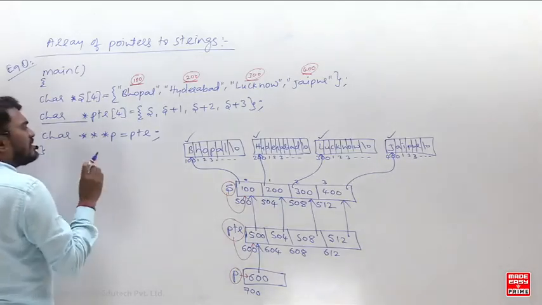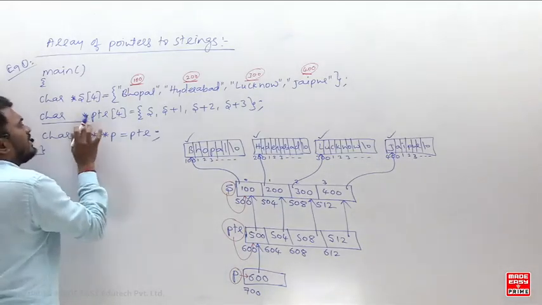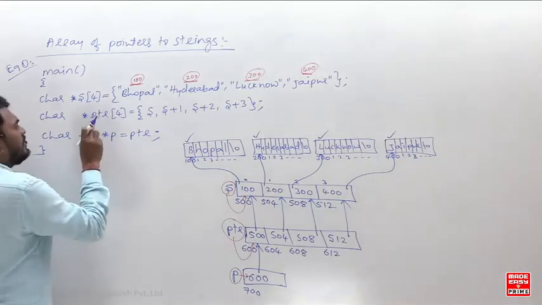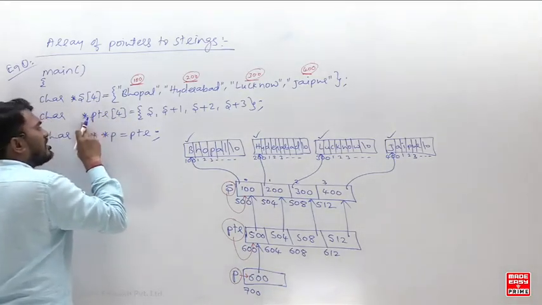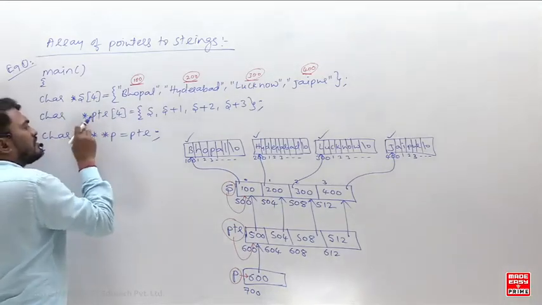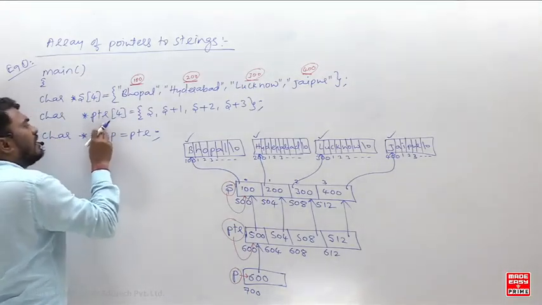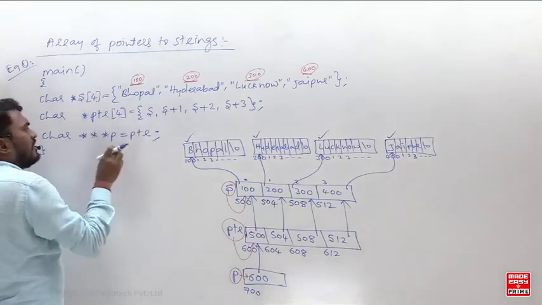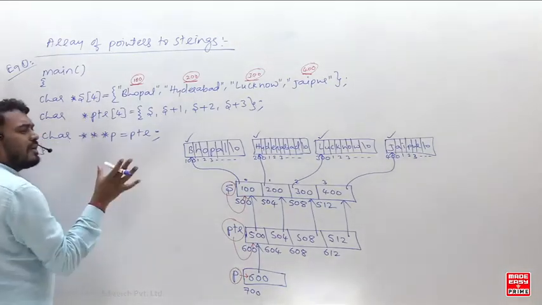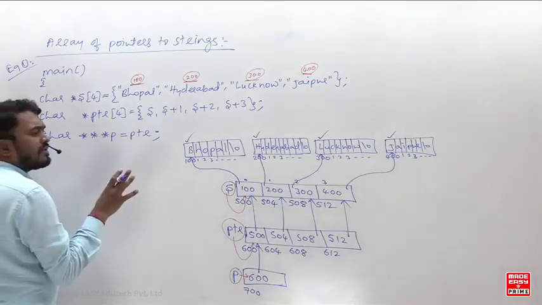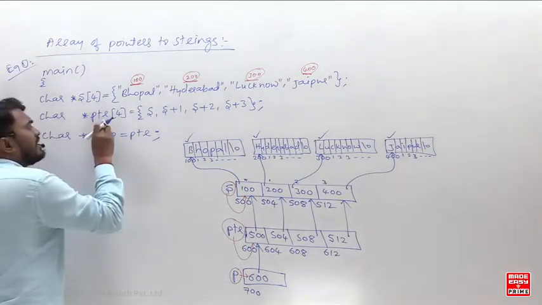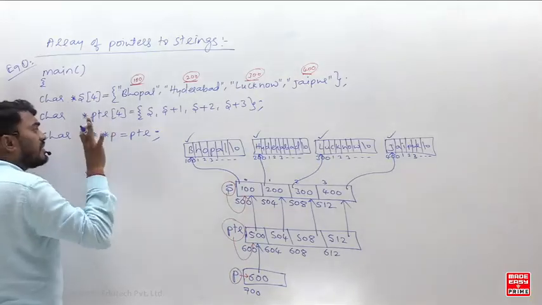To read it properly, ptr is an array of pointers of type character, where we can store addresses of 4 characters. With a single star, you are telling the compiler that you are going to store addresses of 4 characters.